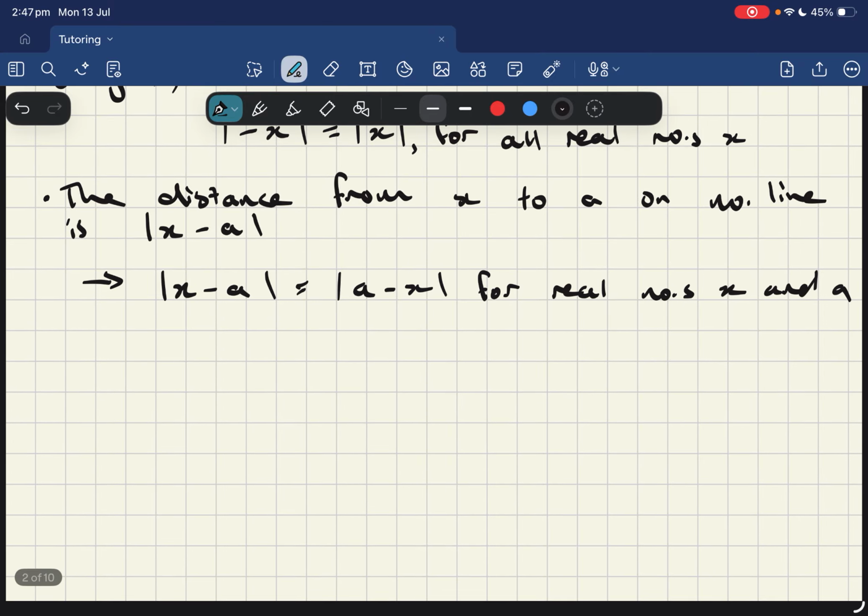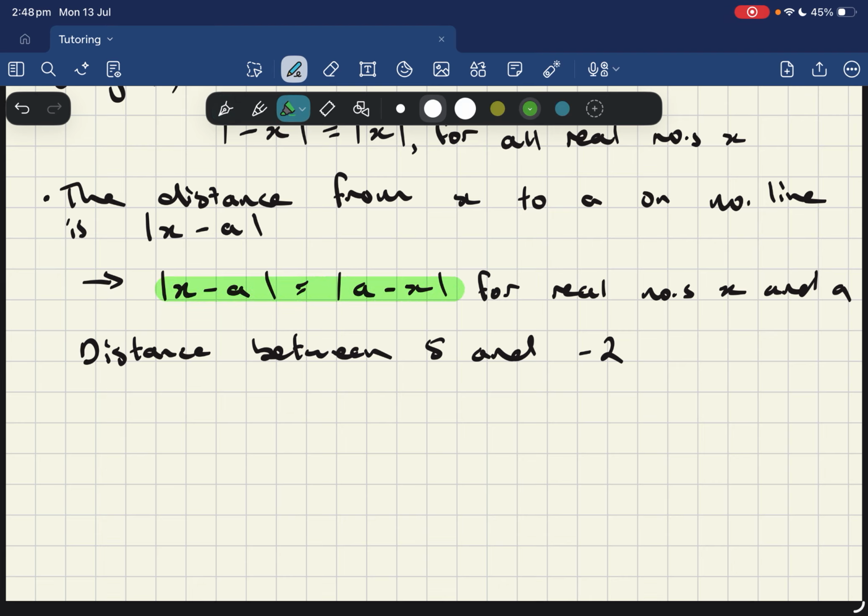Now, let's just consider the distance between 5 and negative 2. If we consider this relationship that I've just written, we can basically show this.